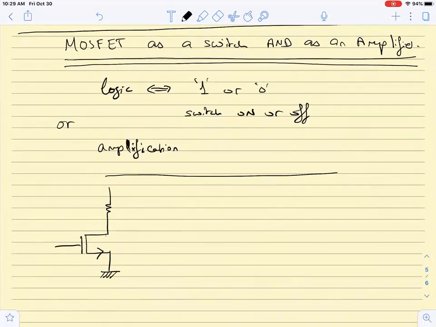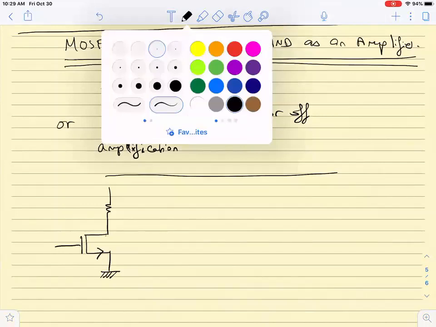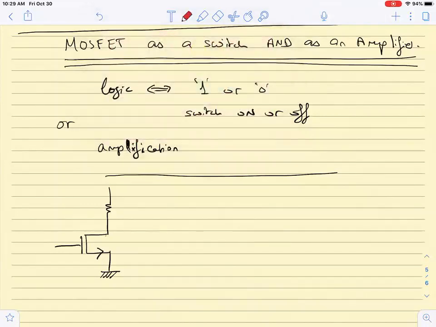So I have here a transistor, and the transistor is connected at its gate to an input signal Vn, and at its drain it is connected to a resistor R, and the resistor R is connected to VDD, and here at the drain we are collecting an output voltage VO.